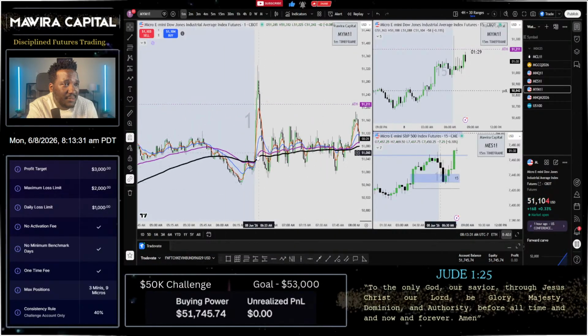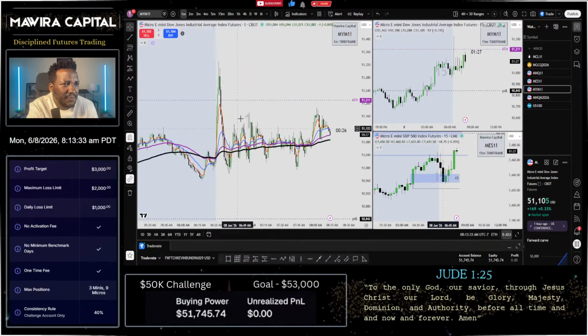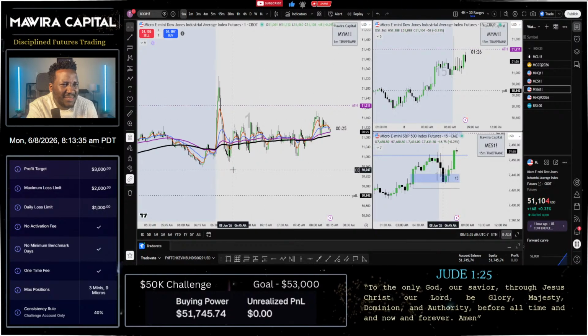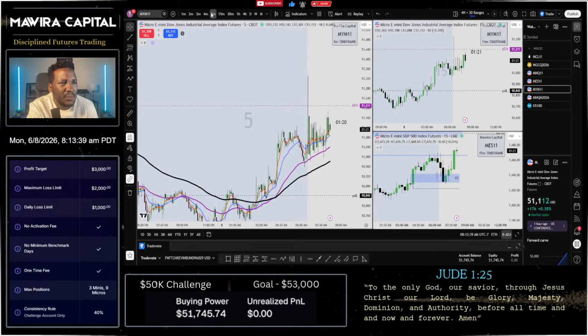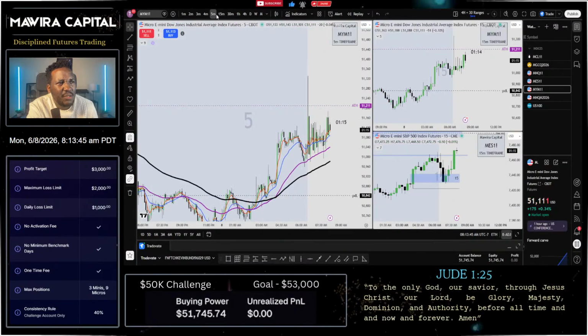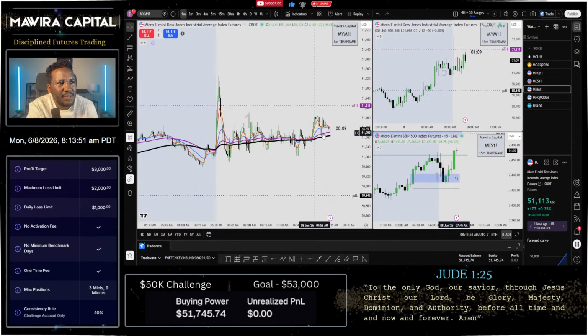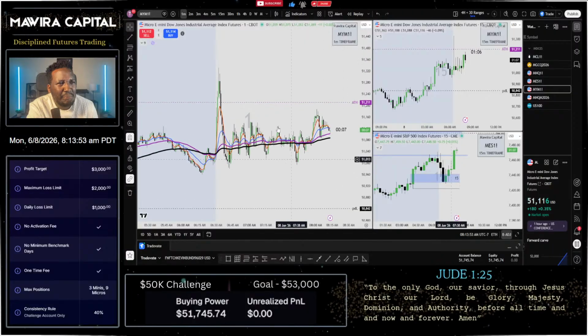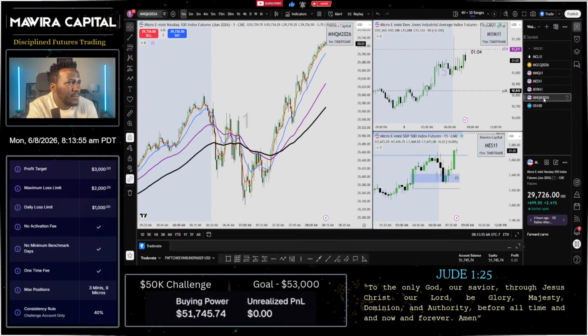US 30, yeah, same thing. What is this? Well, it's bullish on the high time frames. On the 5 minute, consolidating will be the best term. That don't look good.